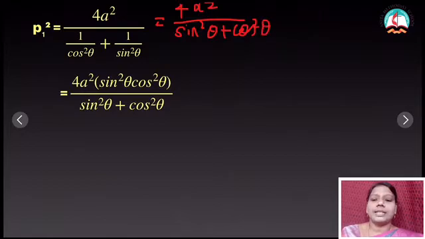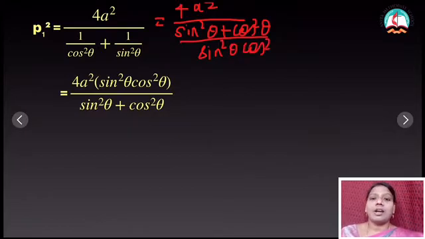The denominator has sine square theta cos square theta, or cos square theta sine square theta, no problem in that. Now I am taking this one as the numerator, therefore I get a value like this. But what is the value of sine square theta plus cos square theta? That is an identity, equal to 1.